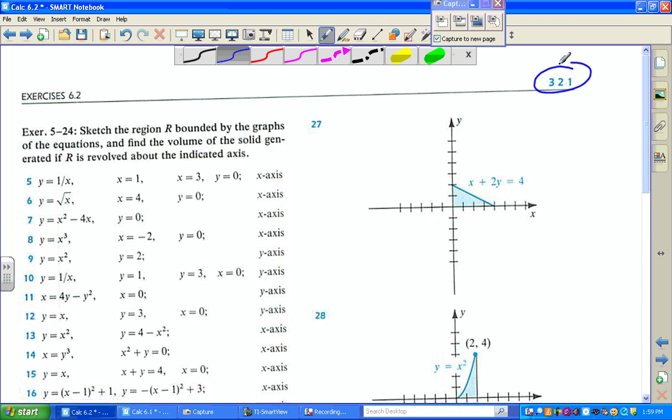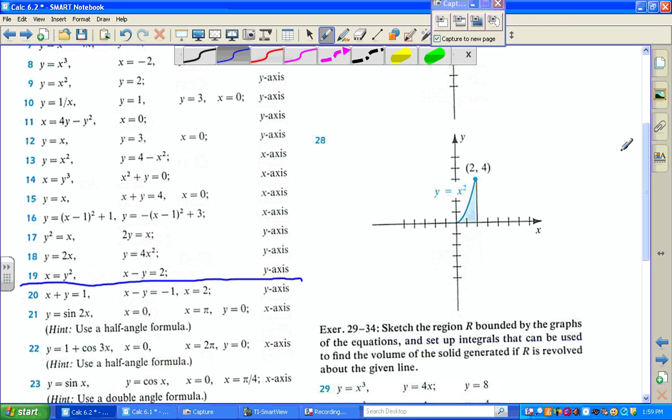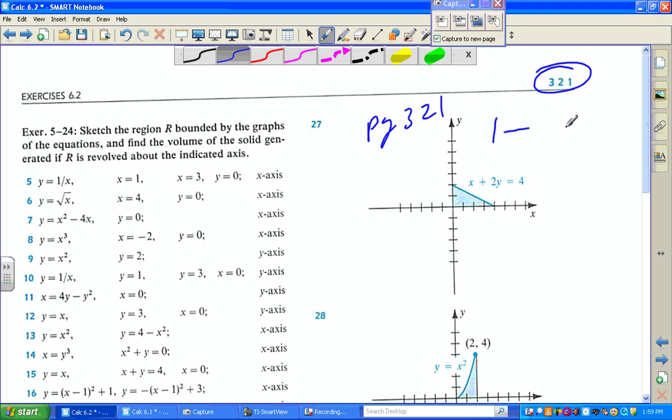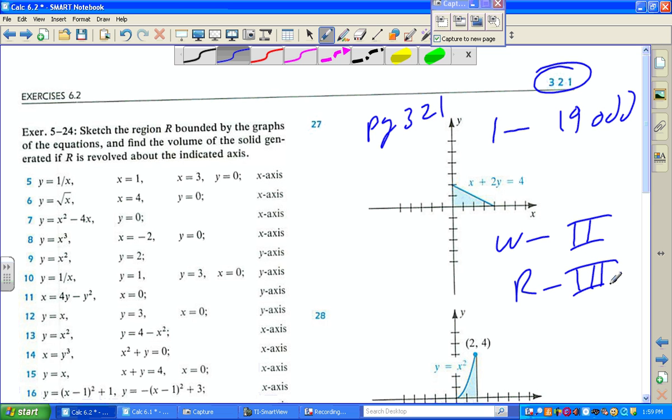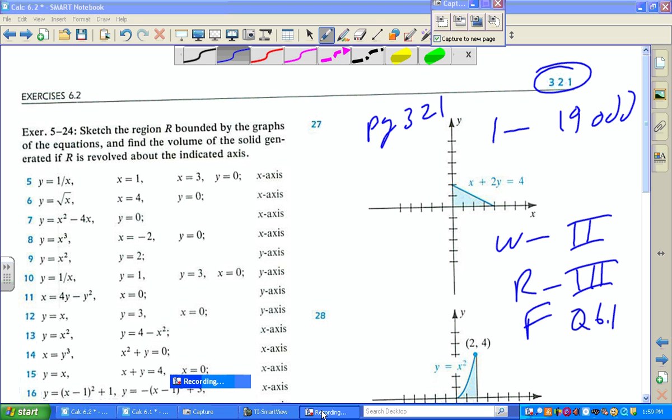Page 321, 1 through 19 odd. Wednesday we'll do part 2 of this. Thursday we'll do part 3. Friday is your quiz over 6.1. Some of you really need to take this quiz seriously because it's 25 points. 20 to 25 points. I haven't decided which yet. So that's the plan.